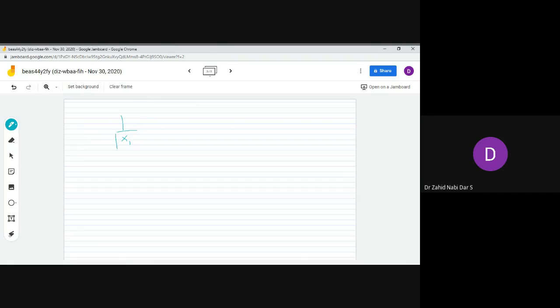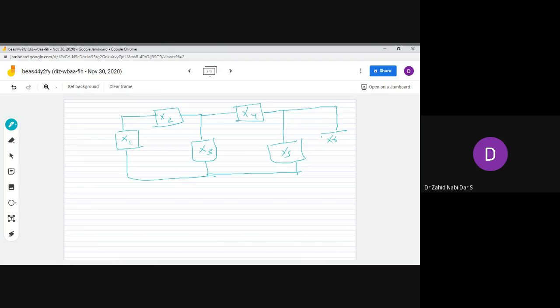This is my x1, then this is my x2, let this be my x3, and this is my x4, and this be my x5. So x5 is any element R, L or C, like previously we saw, and let this be my x6. So in order to apply nodal analysis here, we have to understand what a node is.